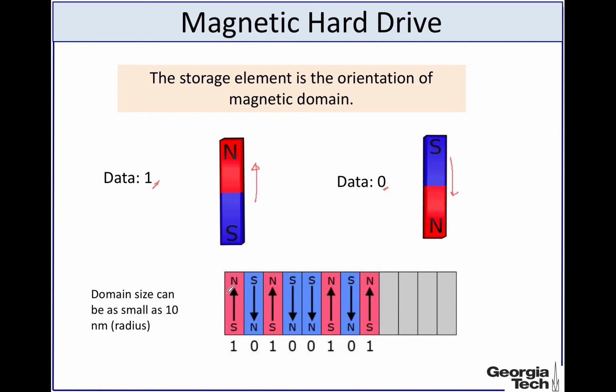Now the key to the high data storage density of magnetic hard drives is that these domains can be as small as 10 nanometers, and this is essentially why the storage densities in magnetic hard drives can be very high, meaning that they are very area efficient compared to SRAMs, DRAMs and flash.